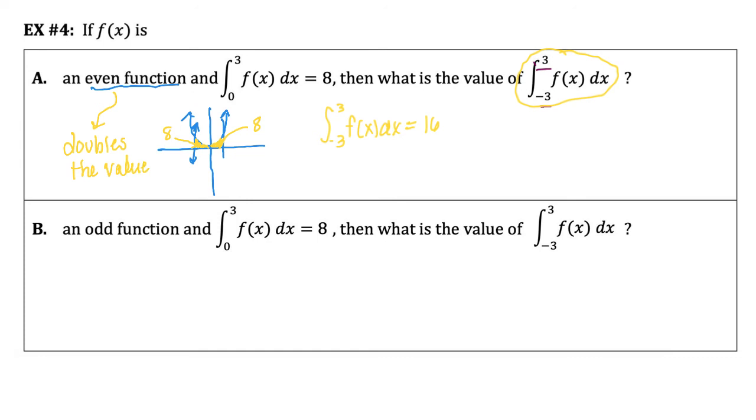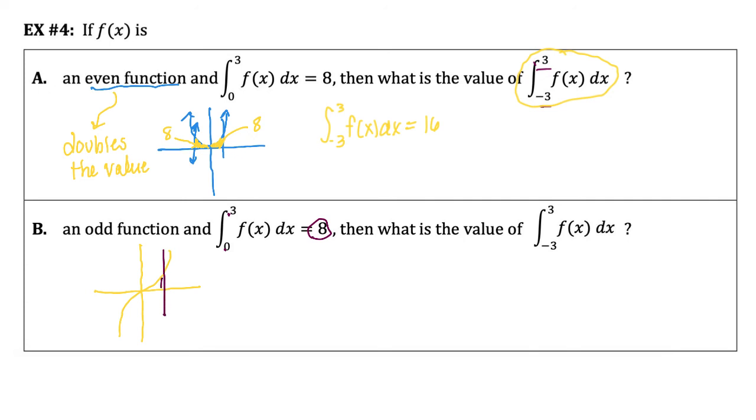Okay, with the odd, an odd function is symmetric about the origin. So it does something like this. And if you were bounded from 0, or here you know from 0 to 3, the area is 8.